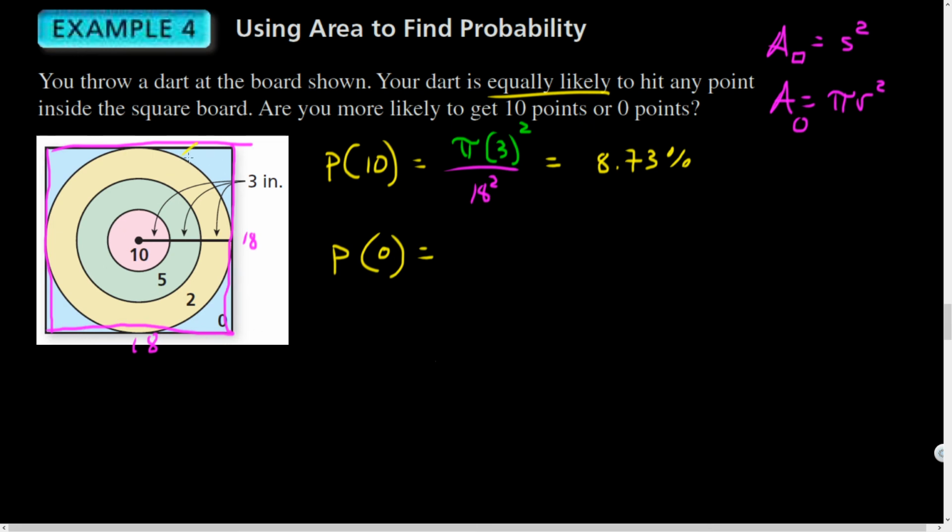I could find the area of these regions by doing the area of the square minus the circle, which will equal the area of that. I also could find the area of just the circle, and then use the complement to get there. So a couple different ways, and they're both actually doing very similar math.